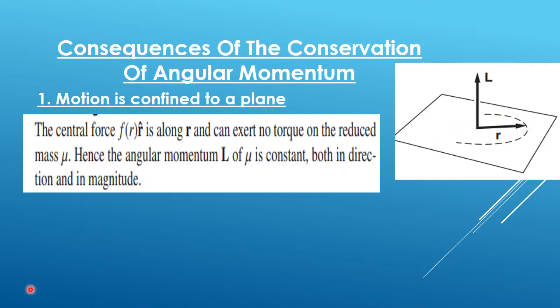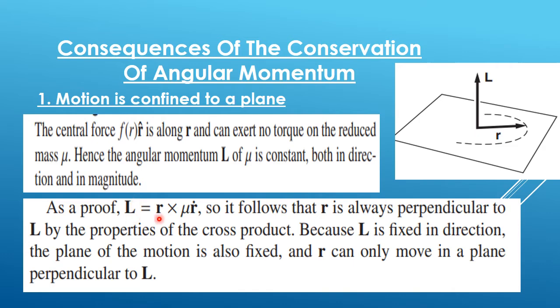We can prove this since L is equal to r cross p, and p is equal to mv. When we substitute that, it follows that r is always perpendicular to L from the property of a cross product. So the direction of L is always perpendicular to r. Since L is a fixed quantity in a fixed direction, the plane of motion is also fixed.